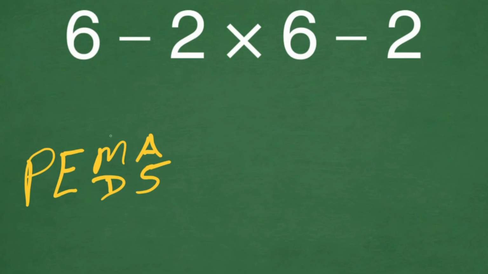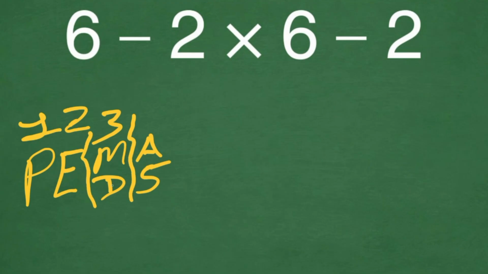So according to this rule, the first thing to solve is parentheses. After we solve all the parentheses, we have to move to exponent, right? So the first priority is parentheses, then exponent, and then multiplication and division, and then addition and subtraction at the end. According to this rule, if we solve subtraction before multiplication, that is wrong, right?